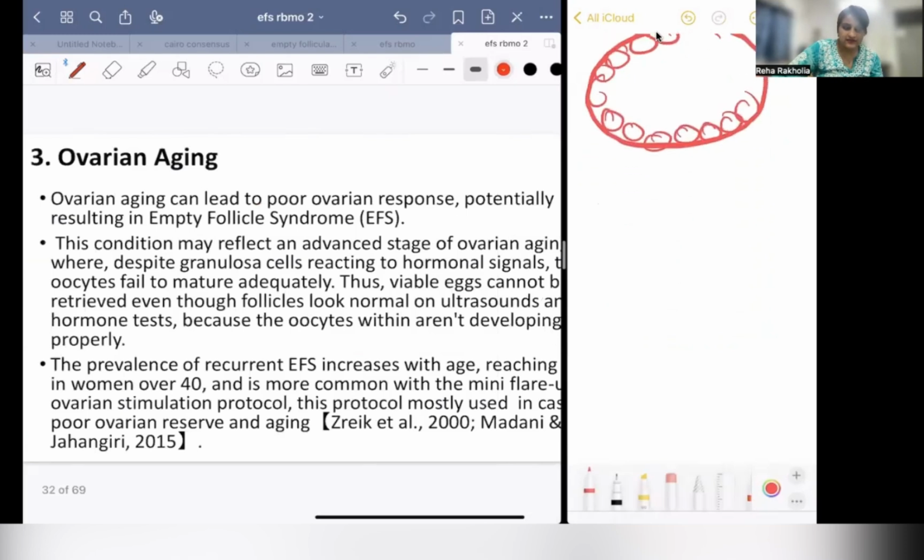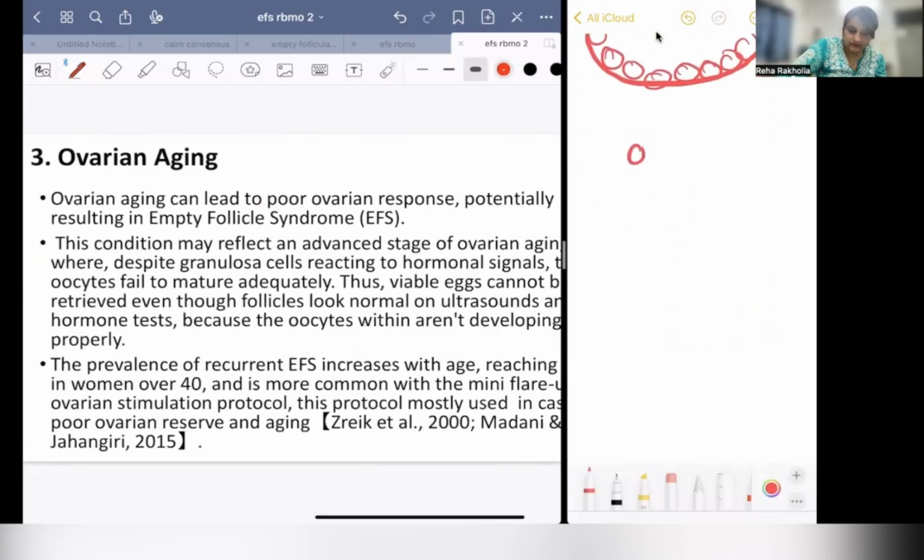Now, ovarian aging. Ovarian aging causes poor ovarian response.